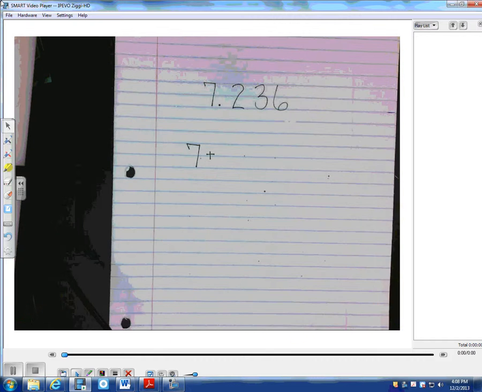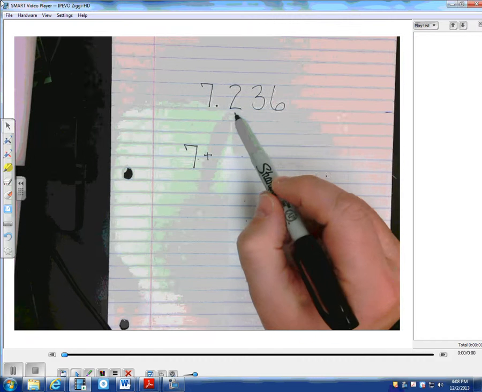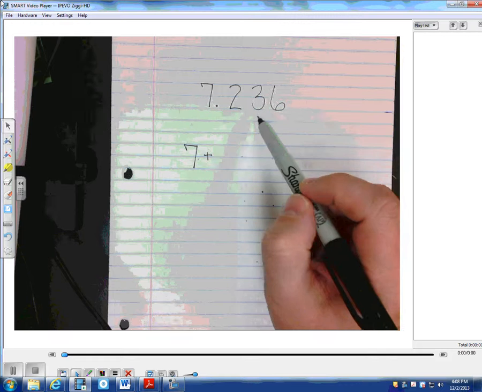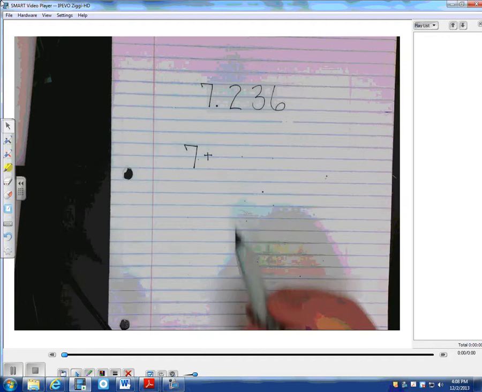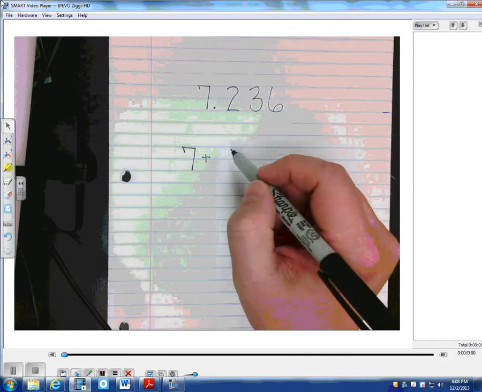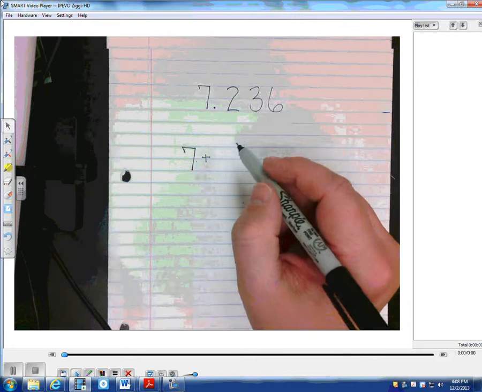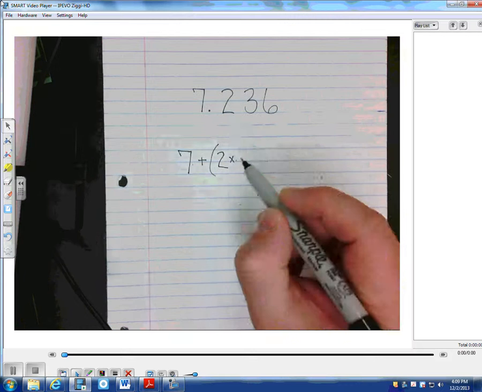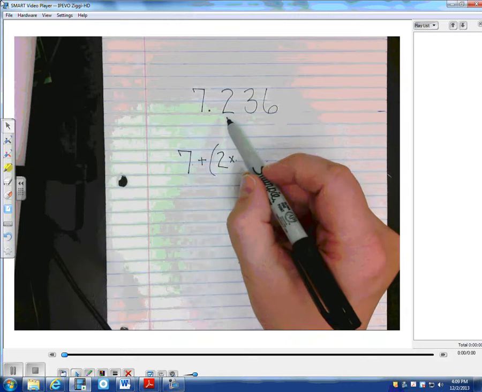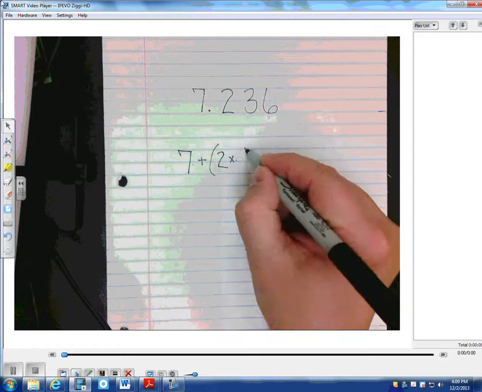to, now I'm going into the decimal portion of this number. So I do it the exact same way that we do it on the weekly works. Okay, so I'm going to take 2. I'm going to do this in parentheses, 2 times, and this is my tenths place, so 2 times 1/10.